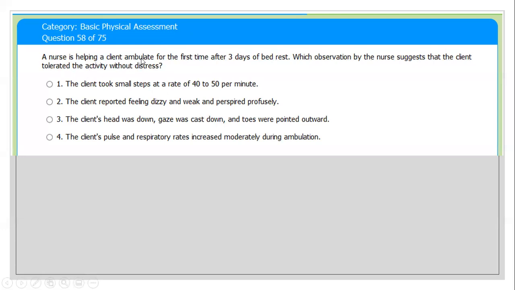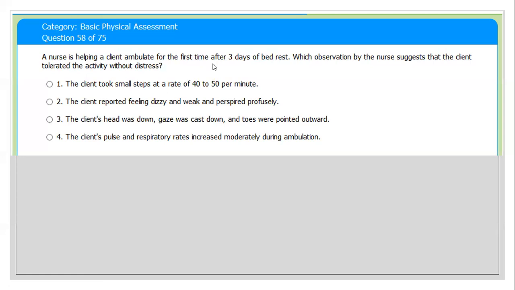Ambulation is defined as moving a patient from one place to another place. Once a patient is assessed as safe to ambulate, or it is determined whether they need assistance from an additional healthcare provider or an assistive device, we should find it out. Is my patient able or not? Number one, the client took small steps at a rate of 40 to 50 per minute.